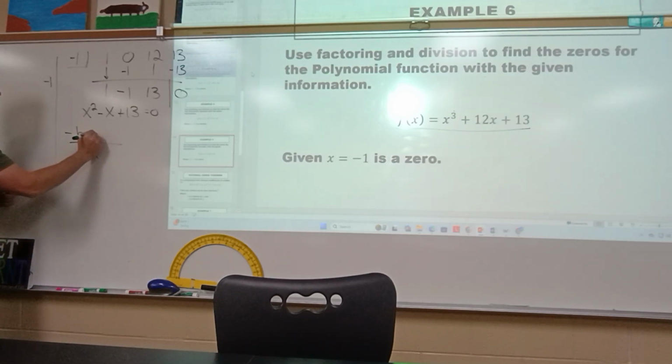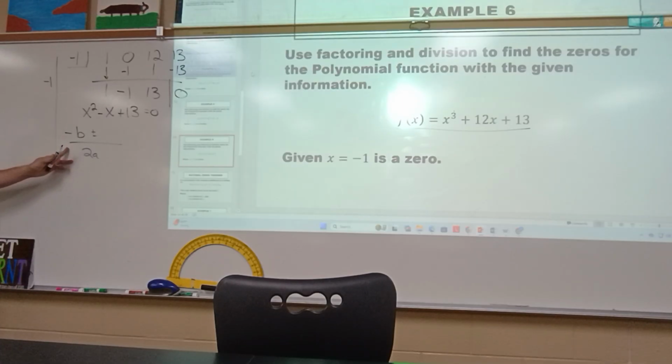So you're actually using your vertex, and then you're adding to it the two zeros because they're the same distance on both sides. So if you ever forget, that part of the quadratic is from the vertex formula, because you find the vertex, and then the two zeros are at equal distance from both sides of the vertex, right? It's going to cross the same point.